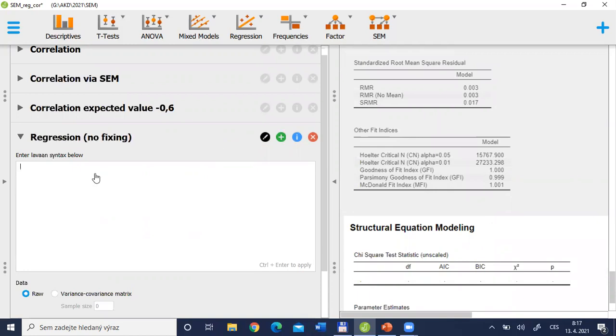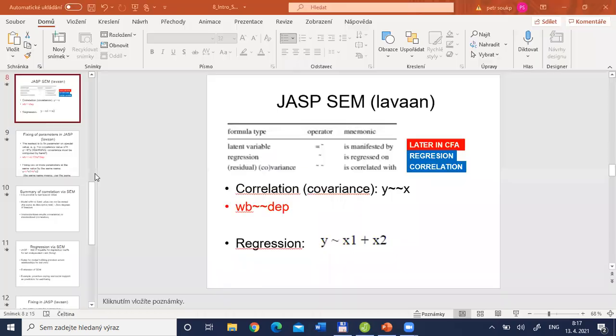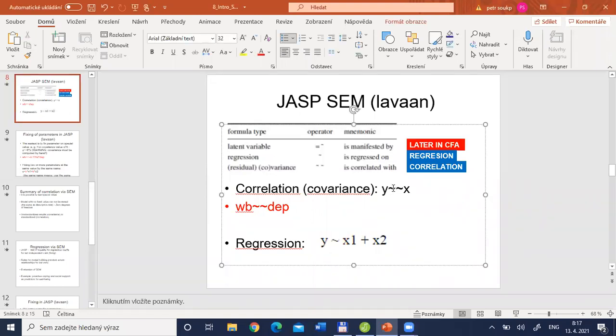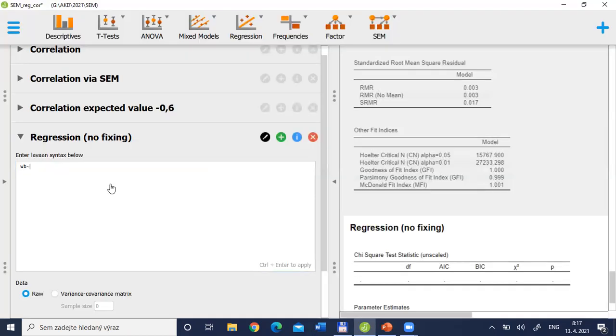So once again, I would type well-being WB, then a tilde. If you cannot find it, you can go to presentation slide number 8, where you can copy the tilde symbol. Then social support SS plus PC as proactive coping.